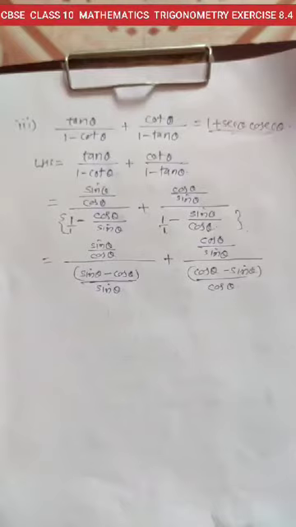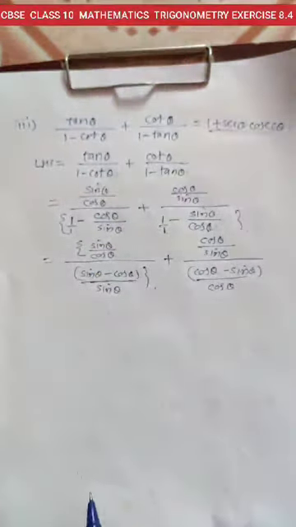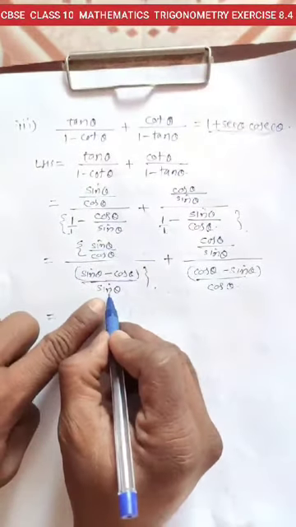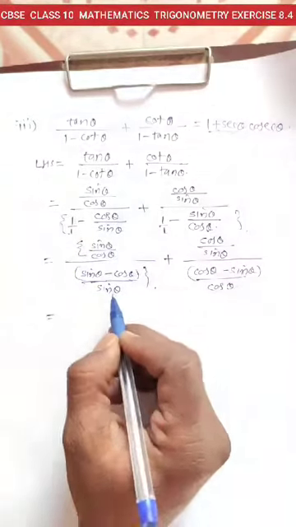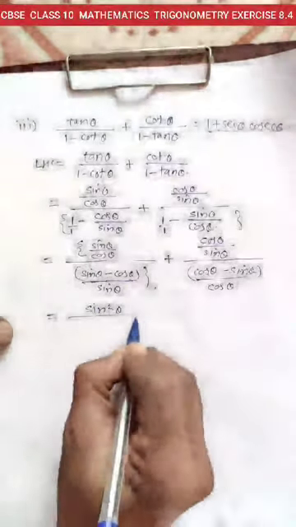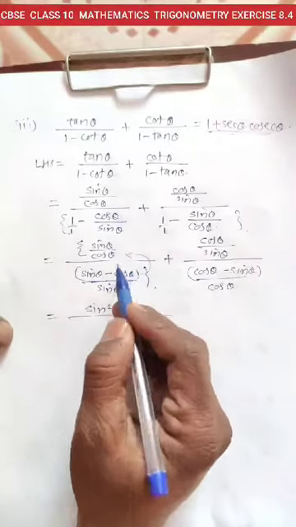Now simply consider, here is the numerator part, this is the denominator part. So reciprocalize it. And after making the reciprocal, this sin theta is transferred to the numerator of the numerator, that means sin into sin, sin square theta. And this sin theta minus cos theta is transferred to the denominator.